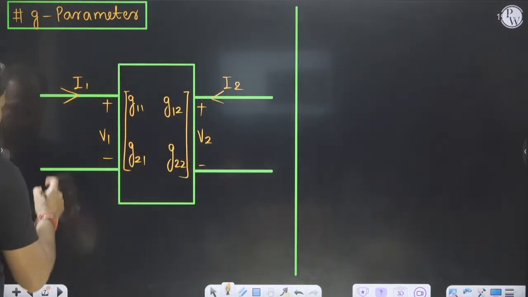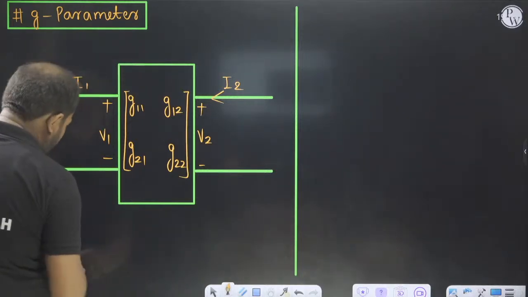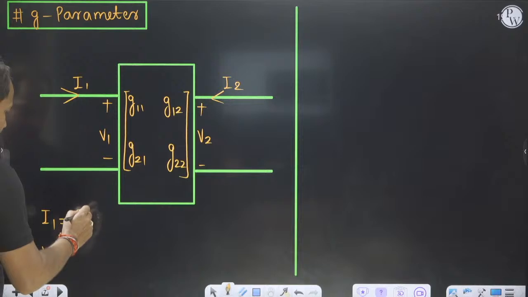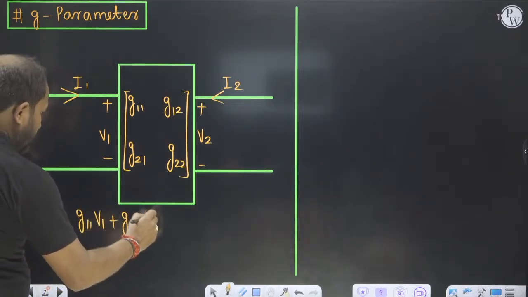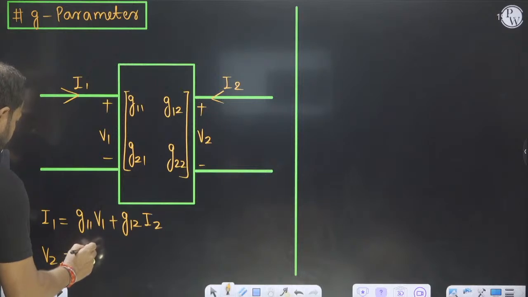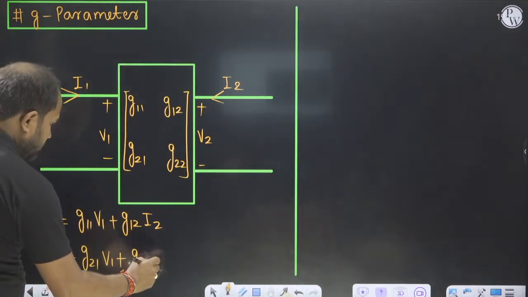Here I1 and V2 are the outputs. I1 is G11 V1 plus G12 I2, and V2 is G21 V1 plus G22 I2.